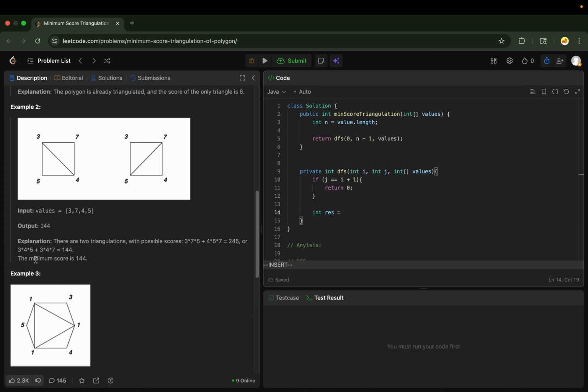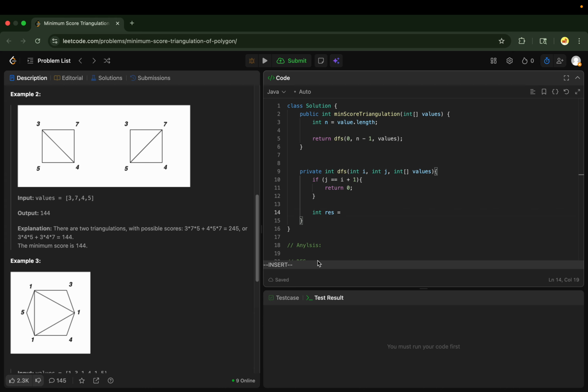Because we are picking the minimum score, suppose the current result is equal to the maximum integer. We choose 1 and 5, so we pick up the points between them, where k starts from i plus 1 and k is smaller than j.